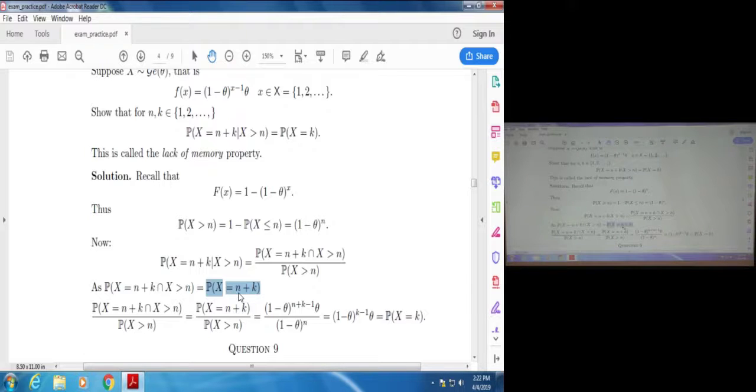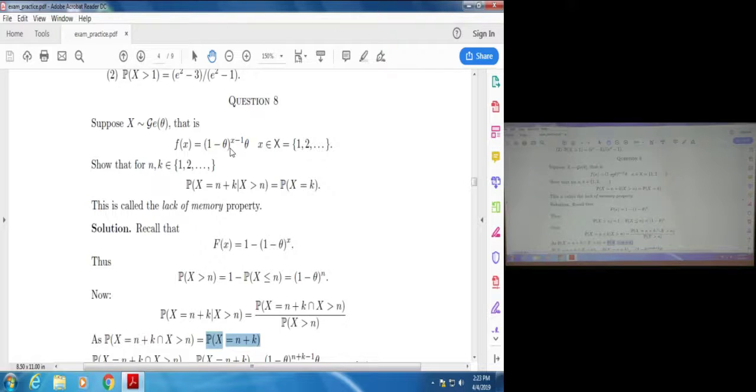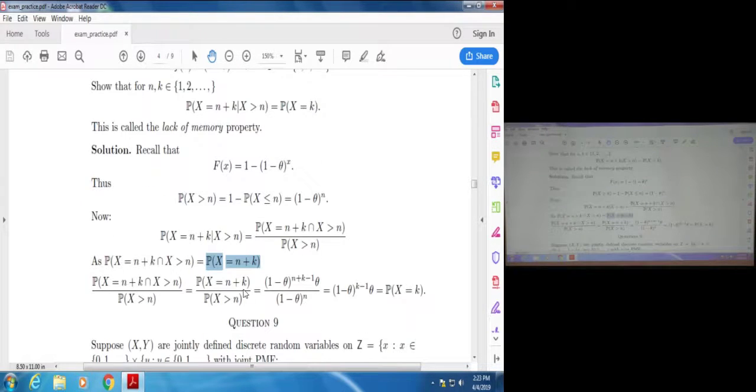Now the probability that x is equal to n plus k, well, I know that. That's just from this. It's 1 minus theta to the power n plus k minus 1 times theta. So then you just substitute these two expressions in here, and that's the denominator, and you get 1 minus theta to the power k minus 1 times theta. That's exactly the probability that x is equal to k, which is exactly what we wanted to show.